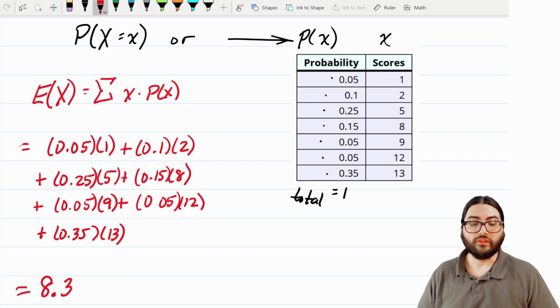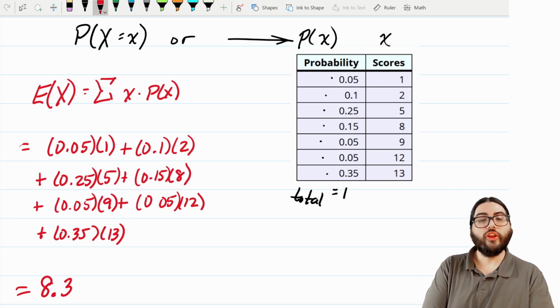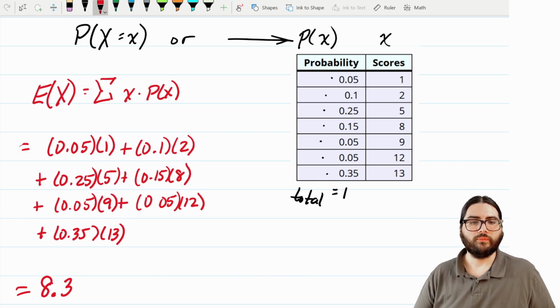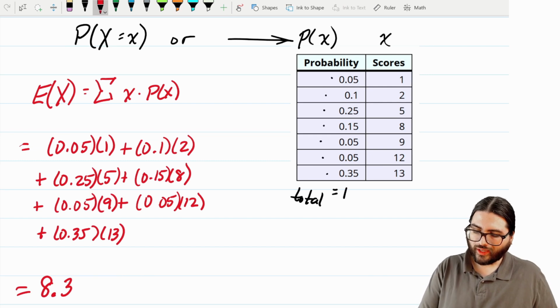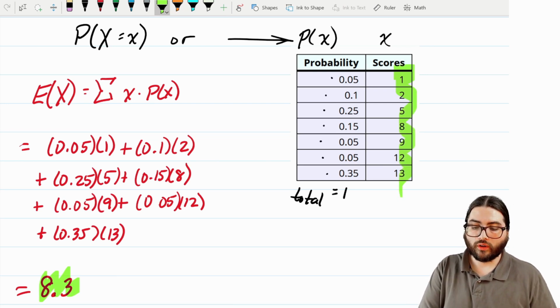And what that means is that this expected value is the average value of the number that I would expect this random variable to assign. Notice that this expected value, 8.3, is not one of the specific numbers in the table. That's going to happen more often than not.